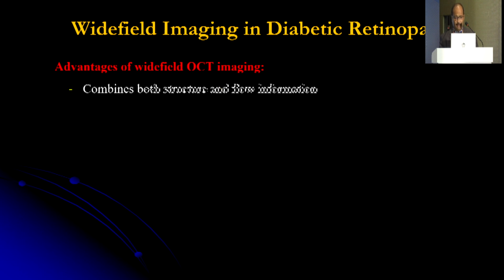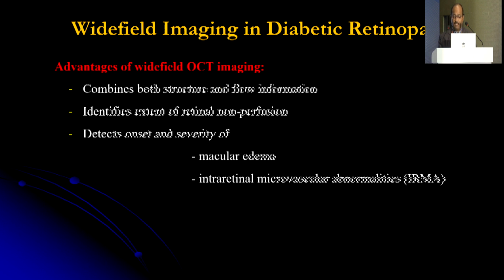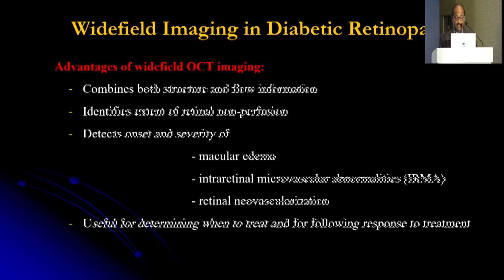One of the advantages of wide field OCTA is that it combines both structure and flow information, identifies extent of retinal non-perfusion, detects onset and severity of macular edema, intraretinal microvascular abnormalities or IRMAs, as well as retinal neovascularization. It's useful to determine when to treat and for following response to treatment, and it lends itself very well to futuristic novel staging criteria for diabetic retinopathy.